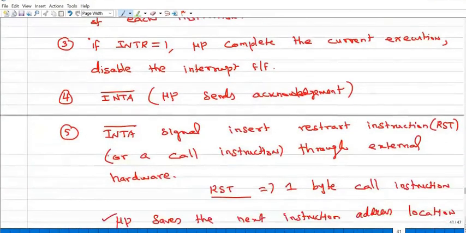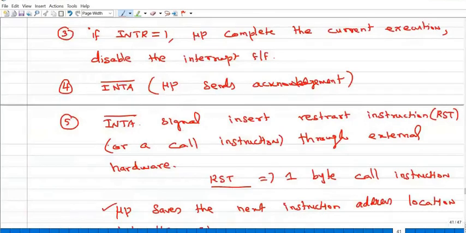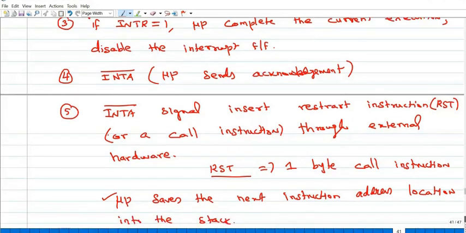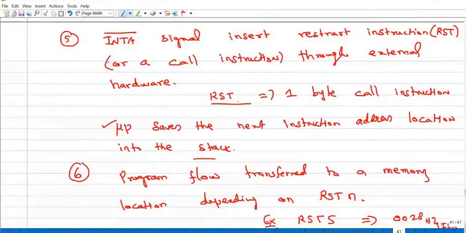So this interrupt acknowledgement signal enables the tri-state buffer, which we discussed yesterday with the help of a circuit diagram. Then the RST instruction is inserted inside the microprocessor with the help of this INTA signal as well as external hardware, depending on what kind of RST instruction it is, whether RST 0, 1, 2, 3 up to 7.